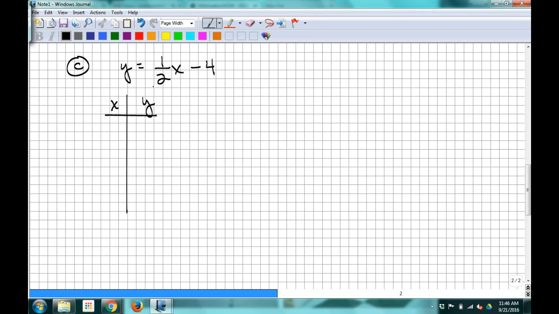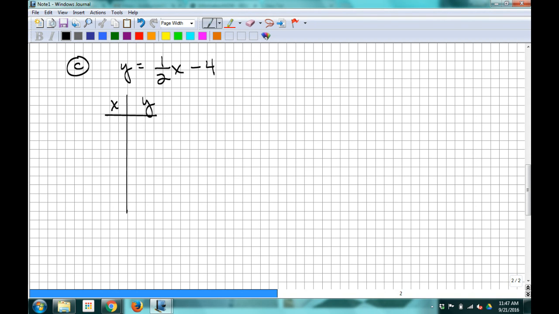Now, that fraction in front of x, we want to make things easy on ourselves. So if it's a half, what kind of numbers are easy to take half of? 2, 4, 6. Yeah, those are all what kind of numbers? Even numbers, okay? So we look at that denominator, and it's a 2. Whatever that denominator is, you want to look for numbers that are divisible by that.